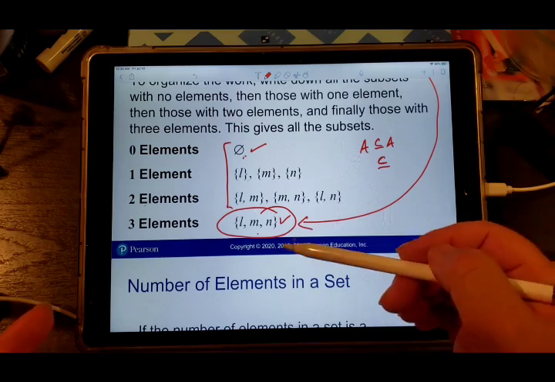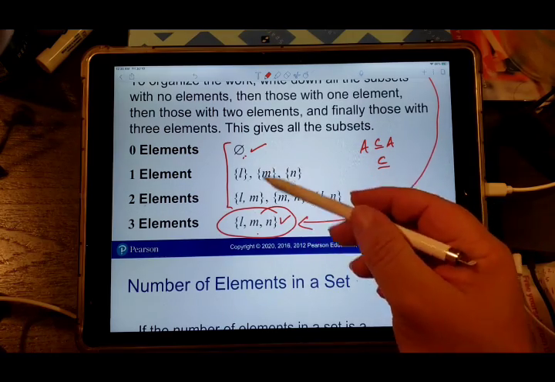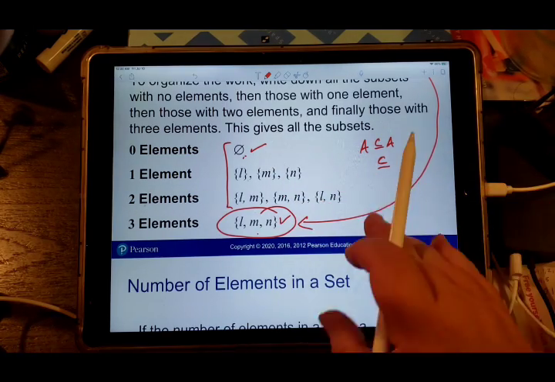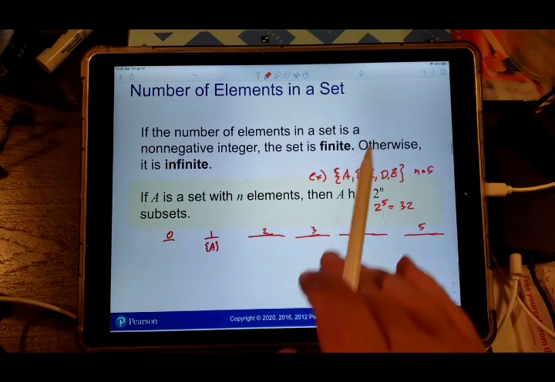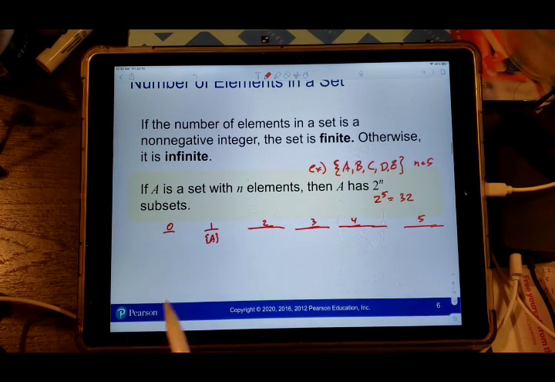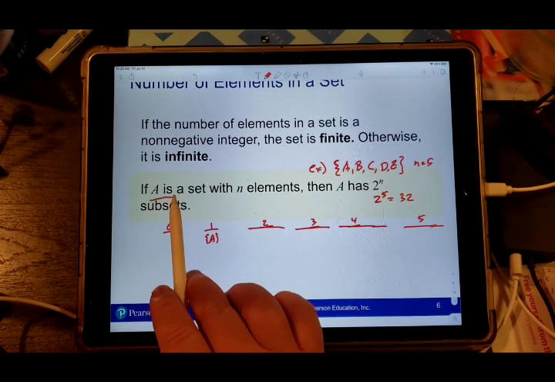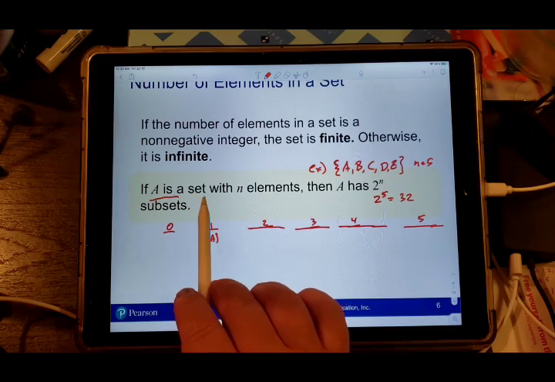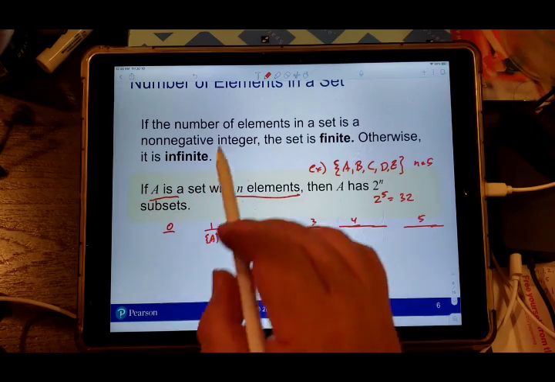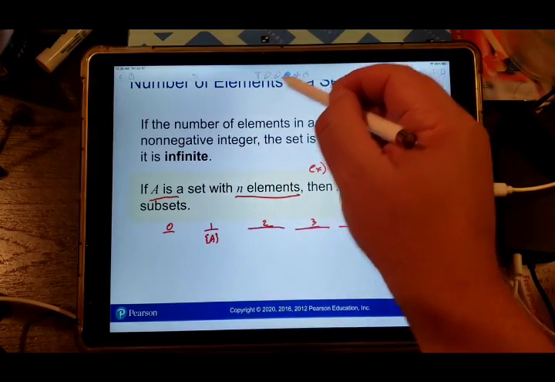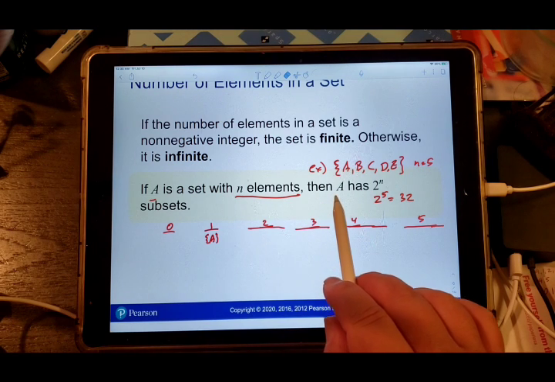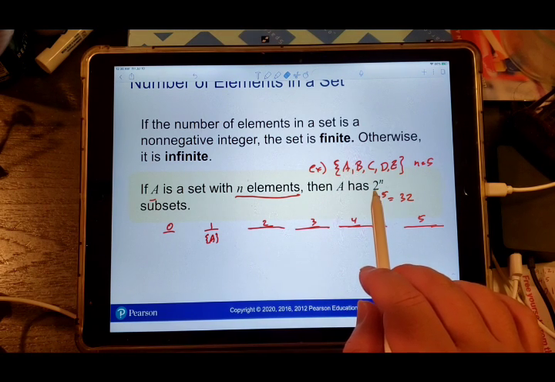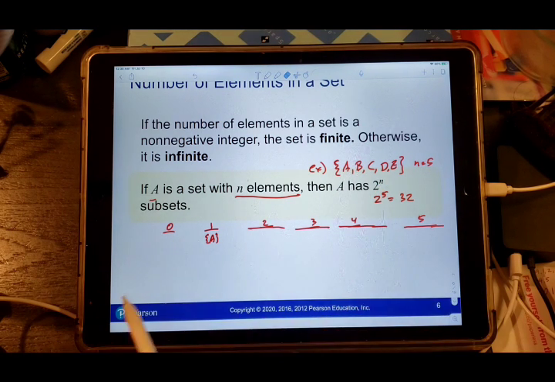There are 8 subsets, so you don't have to worry about listing them correctly. You know the number of subsets. They give that to you here. If A is a set with n elements, then A has 2 to the n subsets.